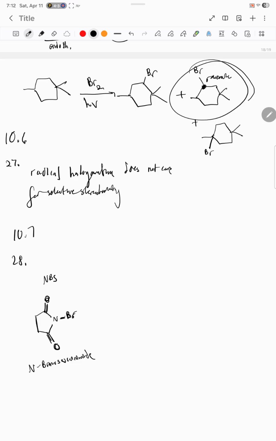Allylic bromination requires using NBS and light for selectivity.